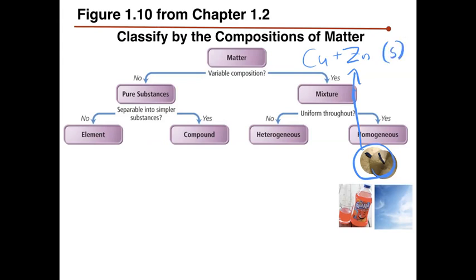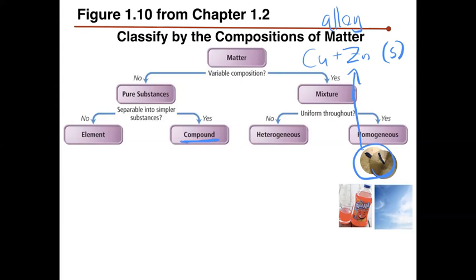We call this an alloy. Okay, so an alloy is a mixture of copper or any metal mixed together. In this case, we call this alloy brass because brass is made of copper and zinc. They mix together. They do not form any chemical bonds in a fixed ratio. That's why they are not a compound.